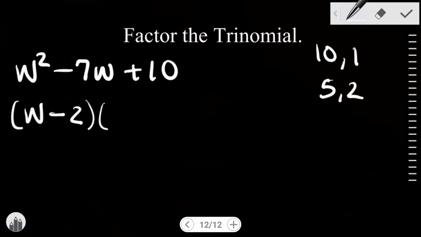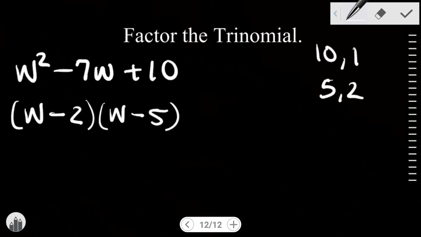Then the second quantity will be w minus 5. So this is now in a more simplified version.